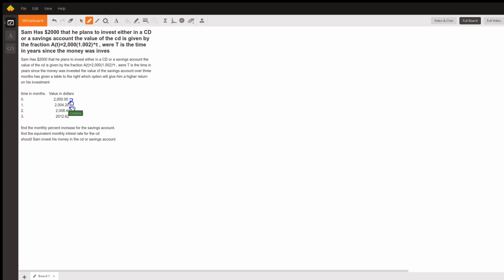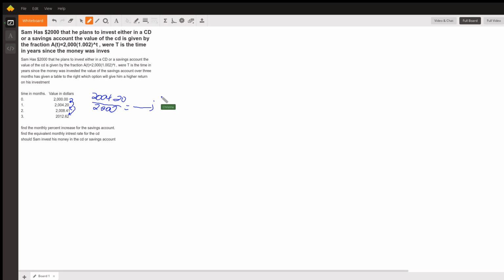That means we're looking at constant ratios, where we're multiplying by something to get to the next value. So if we want to figure out what that something is, we can just divide by the one before it. So you would do 2004.20 divided by 2000, and that would give you whatever this ratio is supposed to be.